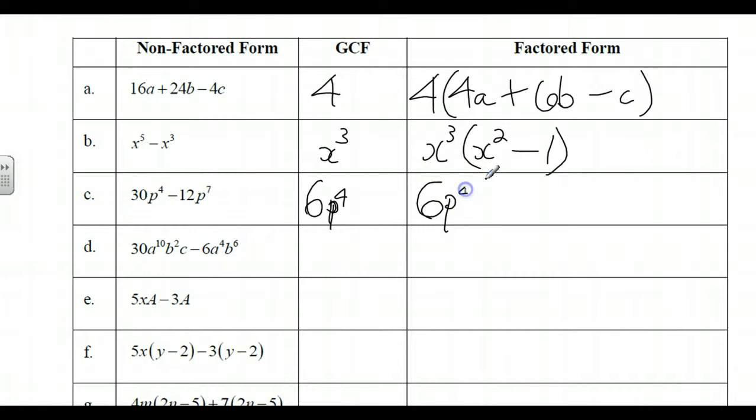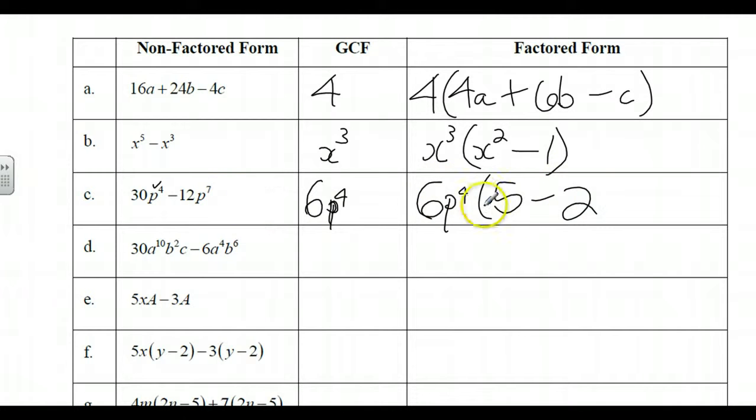So 6p to the 4th, 30, right. Yeah, let's put a 3 down. That's really good. 6 times what gives you 30? 6 times 5. This times this will give you 30p to the 4th. Okay, got that. Minus, how do you get a 12? 12 divided by 6 is 2.